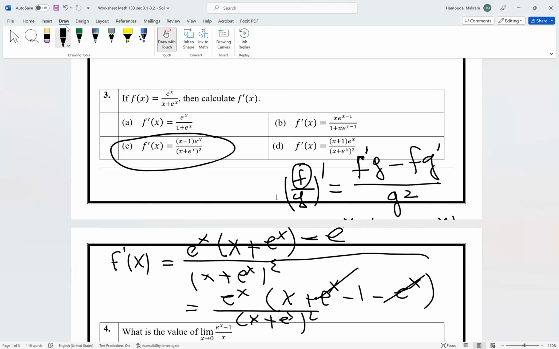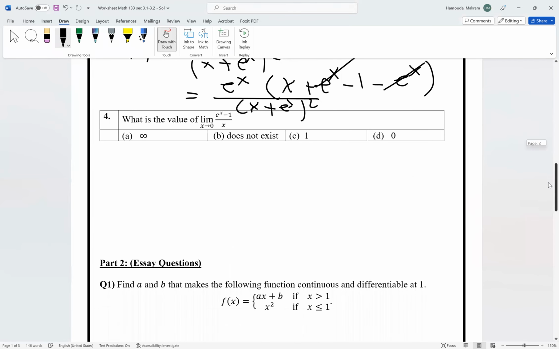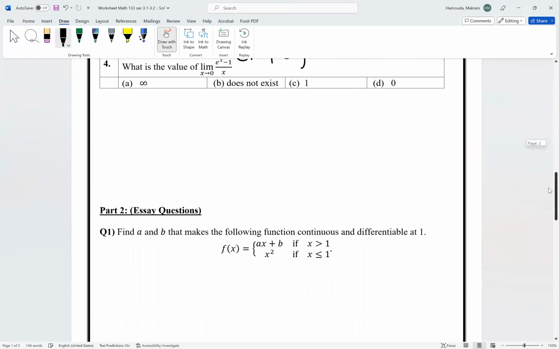Okay, now I can move toward MCQ number 4. I want to find the limit of (e^x minus 1) over x. Remember the definition of the link between f prime and the derivative.